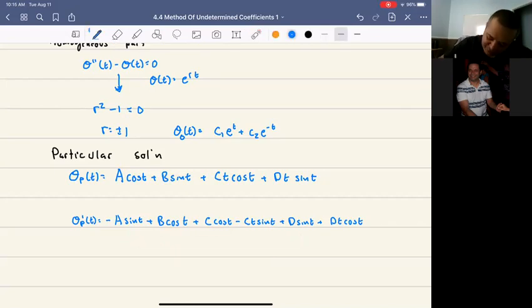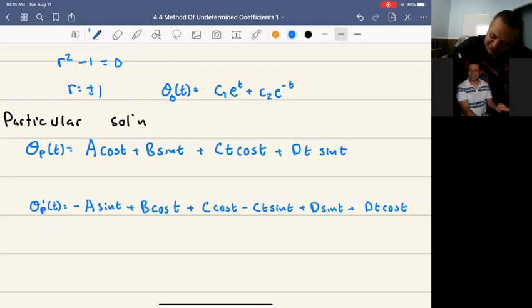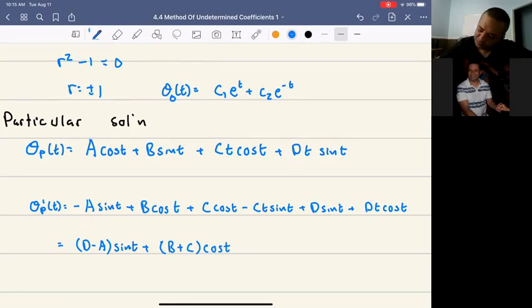So let me write that before I take the next derivative as d minus a sine of t plus b plus c cosine t minus ct sine of t plus dt cosine t. Okay, so that's still theta p prime.